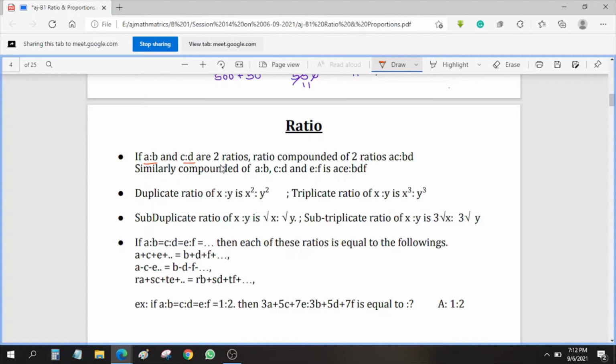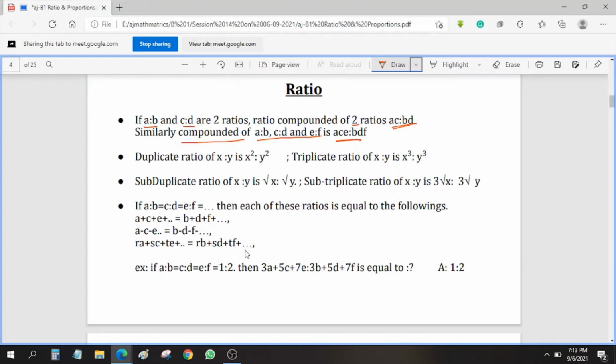If A is to B and C is to D are two ratios, the ratio compounded of the two ratios is AC is to BD. While solving questions, you can easily understand. And if three ratios are given, A is to B, C is to D, and E is to F, the ratio will be ACE is to BDF. If you take values in place of the variables, it will be very easy to understand.